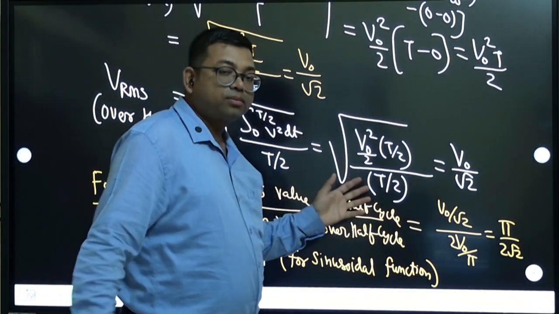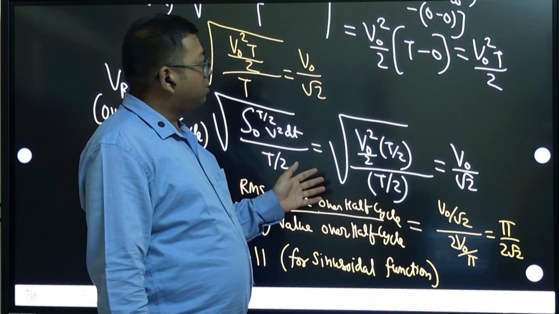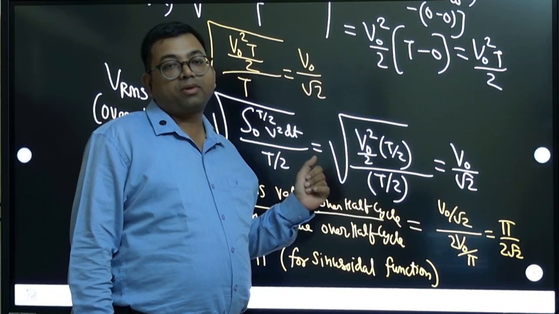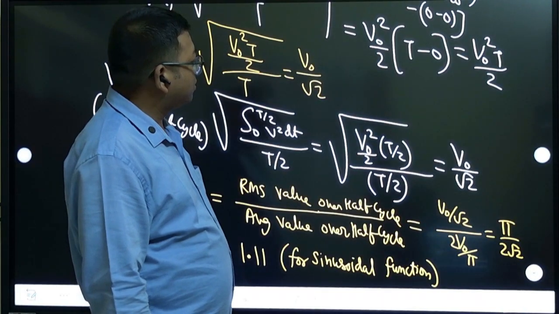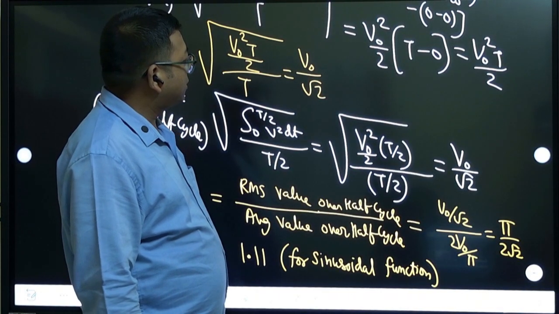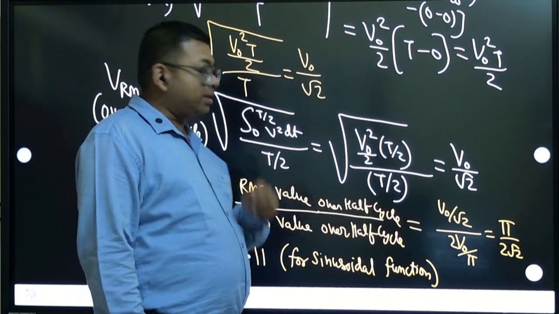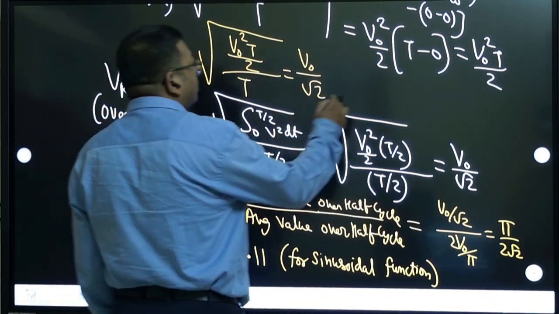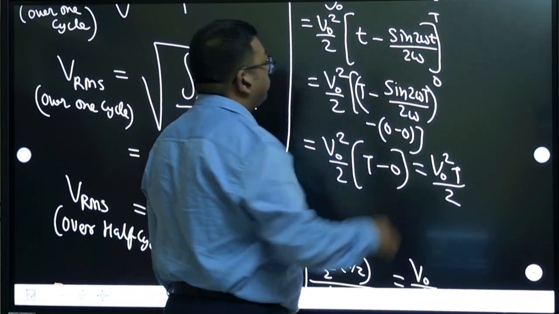What, Kavin? Yes, both half cycle, full cycle, same it is coming. Not necessary. Take quarter cycle for example. Take for quarter cycle here. So here time you have to change again, 0 to T by 4.